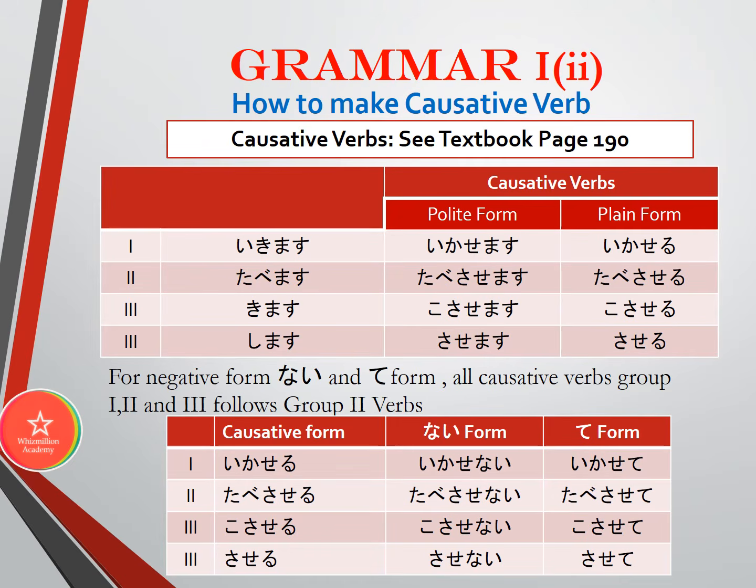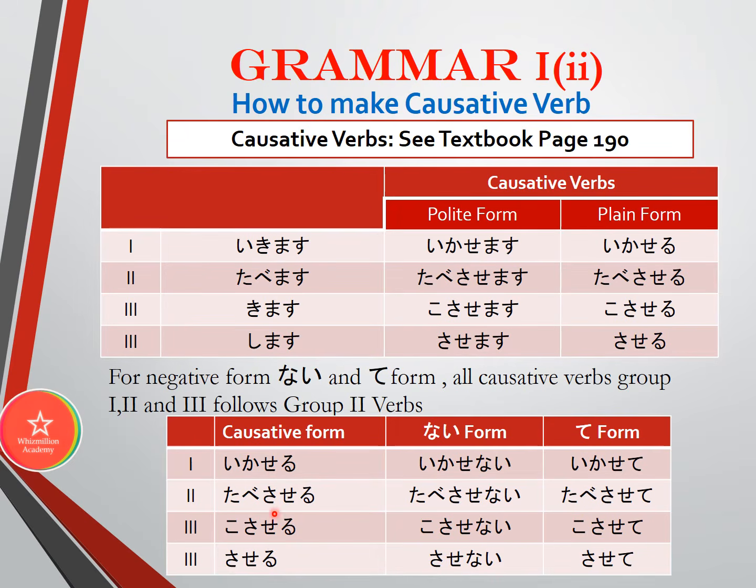For the negative form, nai, and te form, all the causative verbs from group 1, group 2, and group 3 will follow group 2 verbs. So if you look at group 1 here, ikaseru, for the nai form, you simply remove the ru and add nai, ikasenai. For the te form, you remove the ru and add te, ikasete.